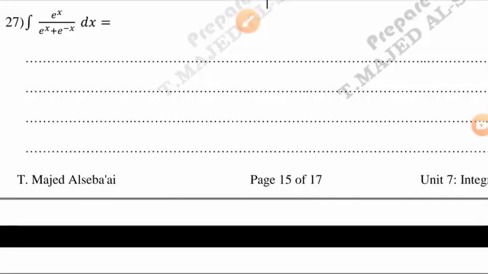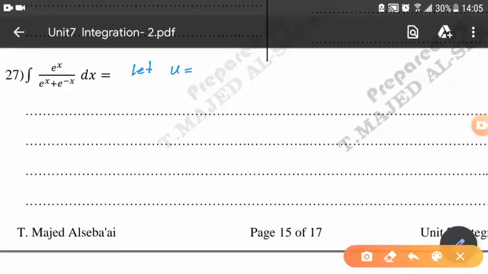I cannot separate it. So I will try to find a substitution that would make it a little bit easier. How? If I say, let, what do you think? Think of anything. Don't be afraid.